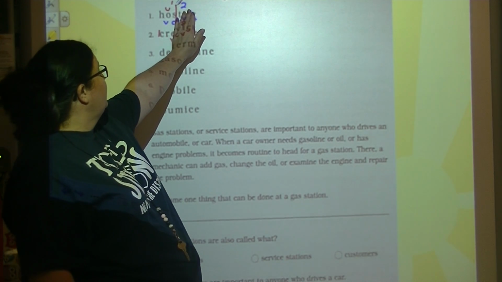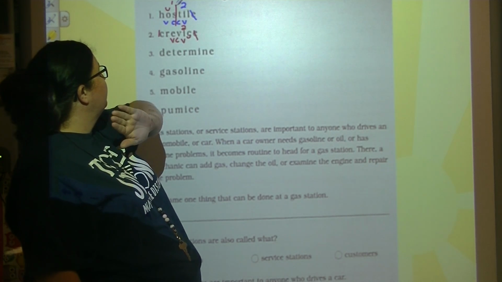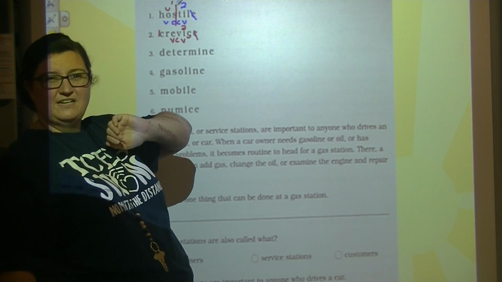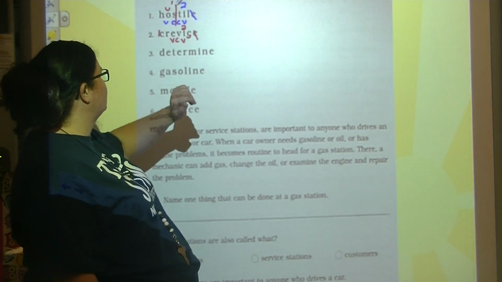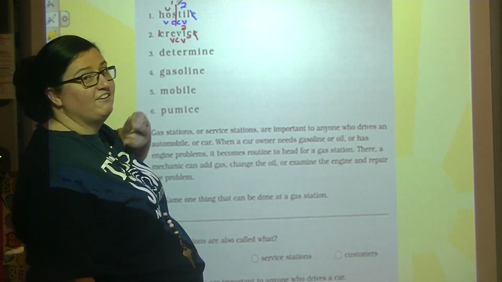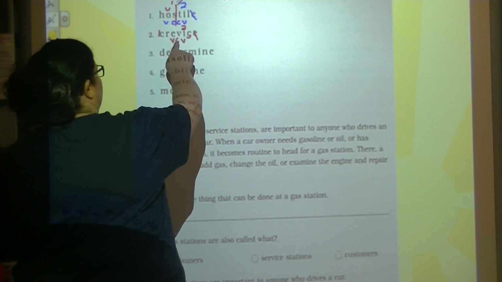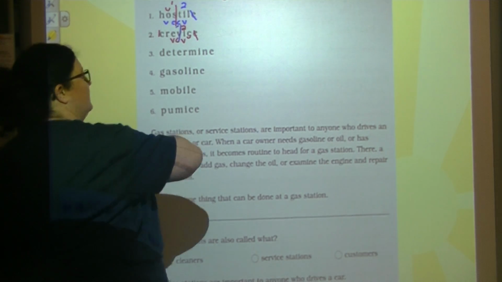If we divide here, it's going to say crevice. Have you ever heard of a crevice? No. So it needs to be a short sound. So divide after your consonant. Divide after the V. Accent on the first syllable.